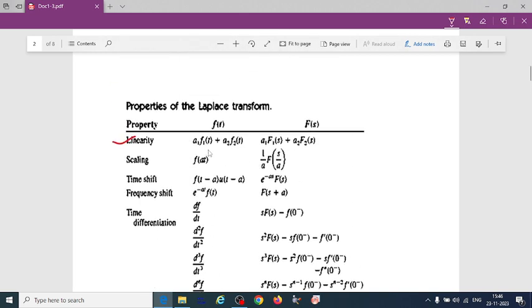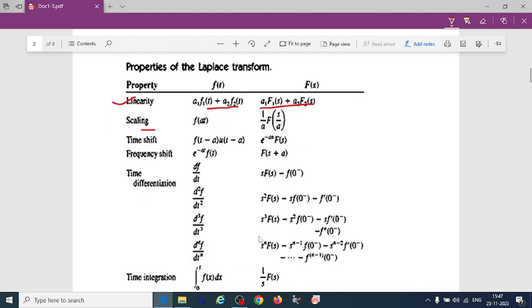Very important properties. So linearity is very simple and easy to understand. This is the function given and you have to write the Laplace transformation of it, that is F of s. So linearity, as we can understand easily. Scaling, these are the formulas or theorems we have to derive, and we will get the Laplace transformation of them.